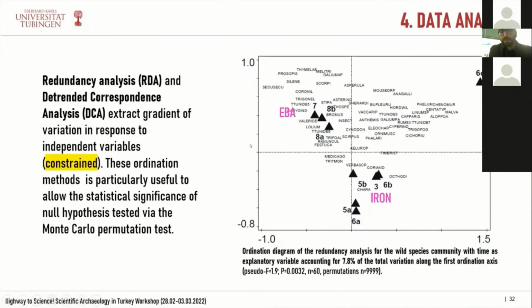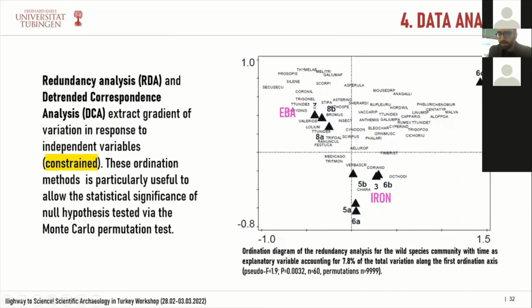This is another type. If you want to constrain your data set with independent variables, you can use redundancy analysis or detrended correspondence analysis. In these 2 types of ordination technique, you will get an independent variable.